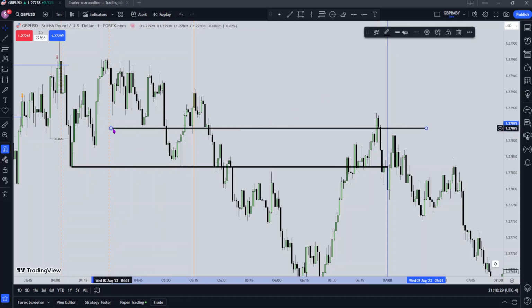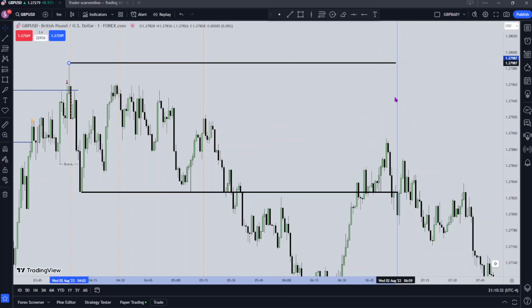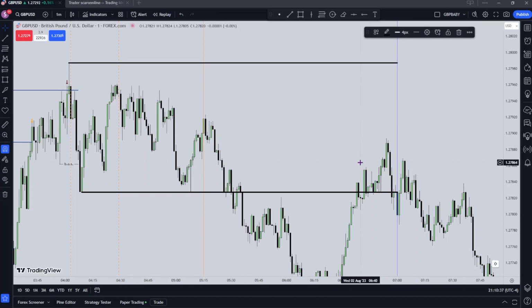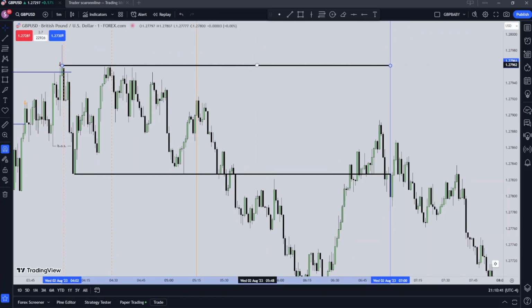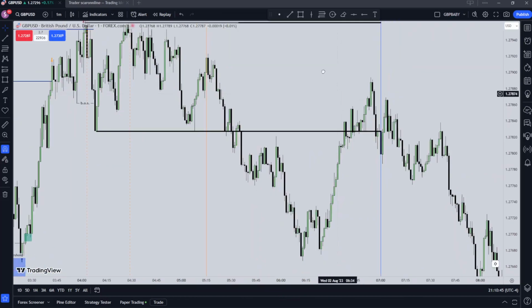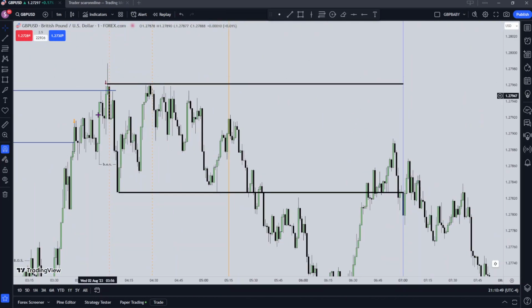So I'm just looking at this range, guys. Interesting. So this range, let me do the bodies.